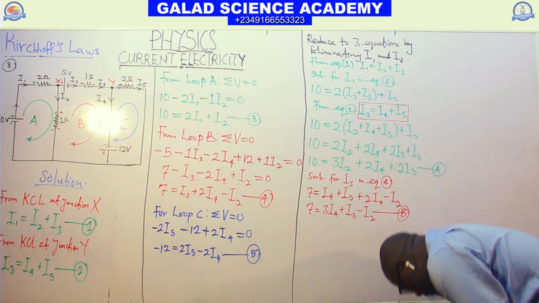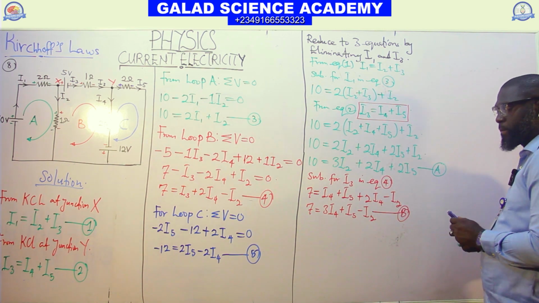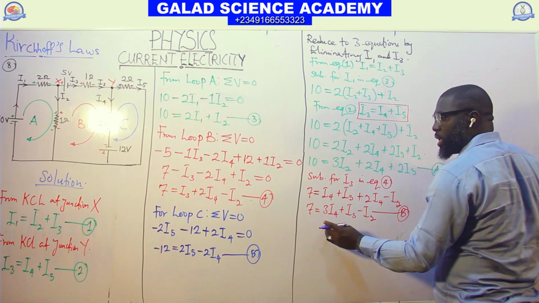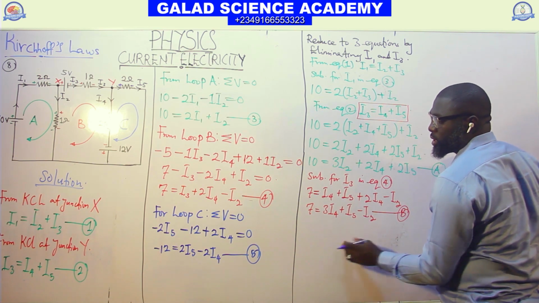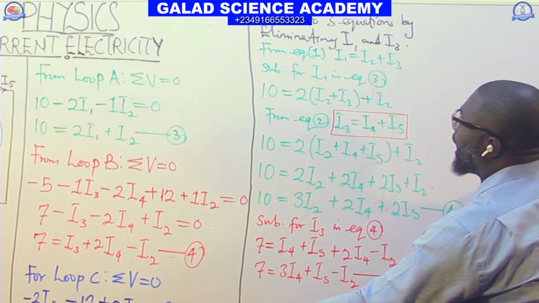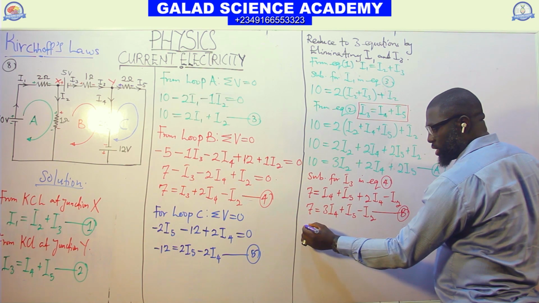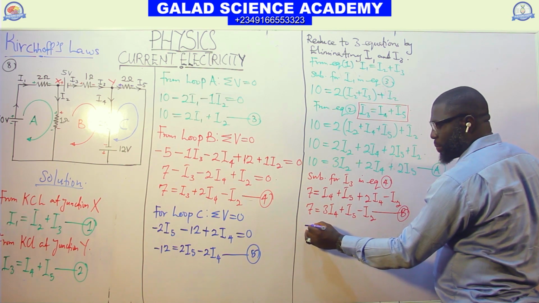So the last one will be this equation. Do you have any I3 and I2 there? No. This one is still remaining here.